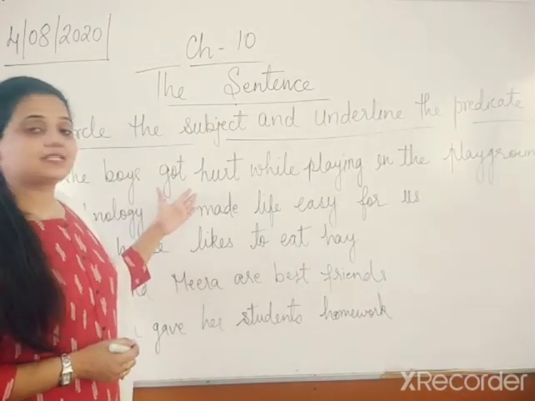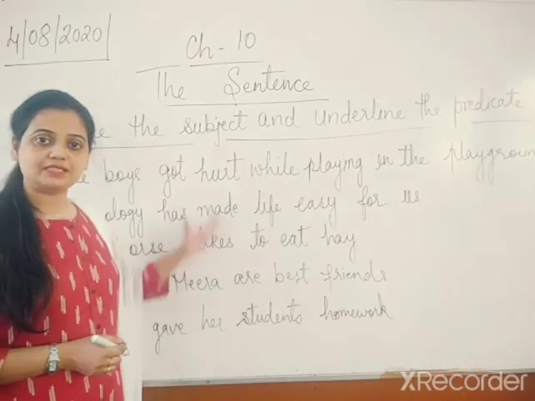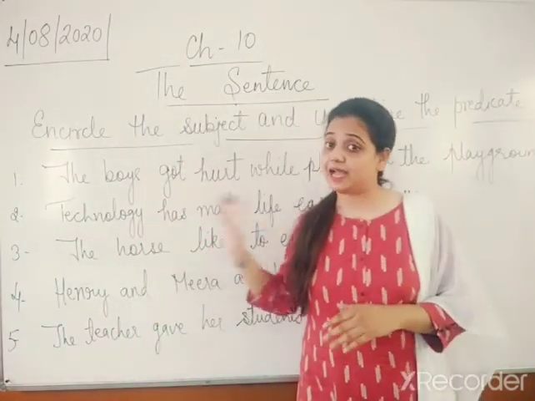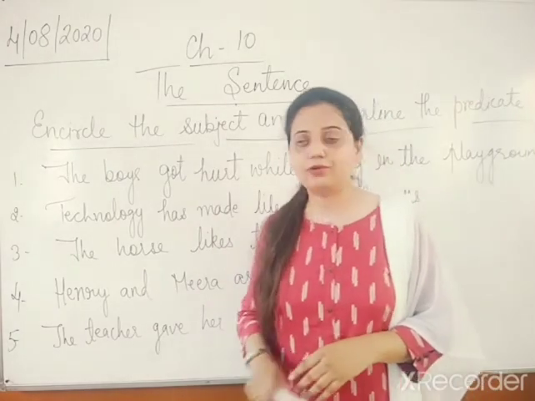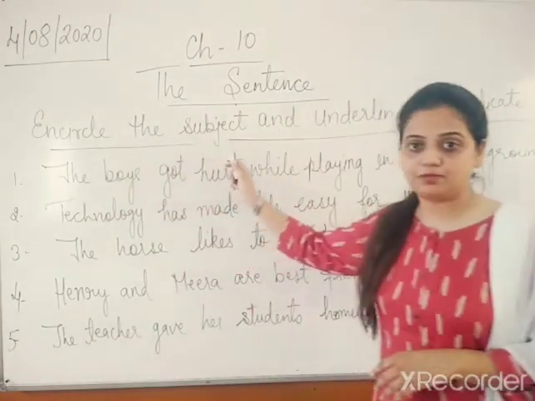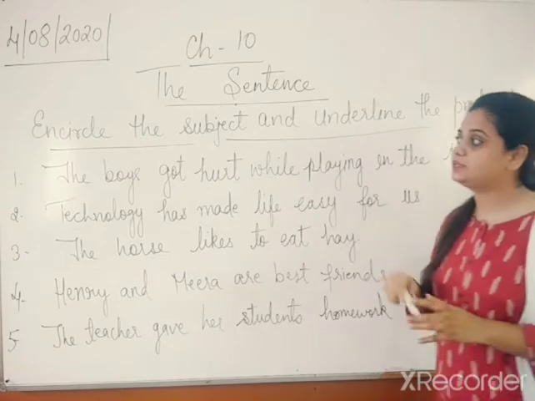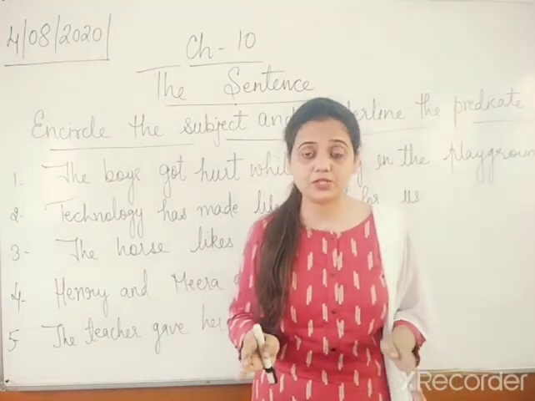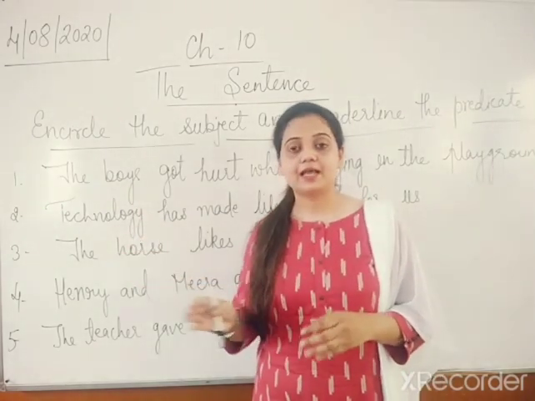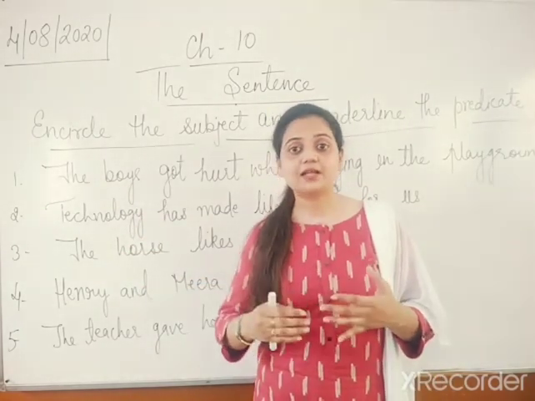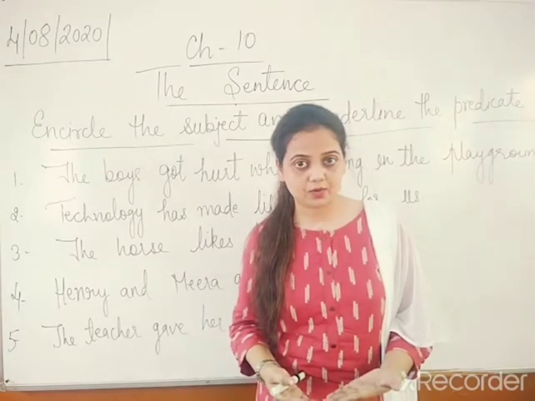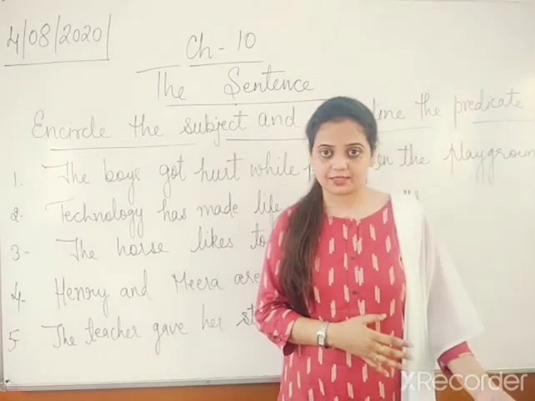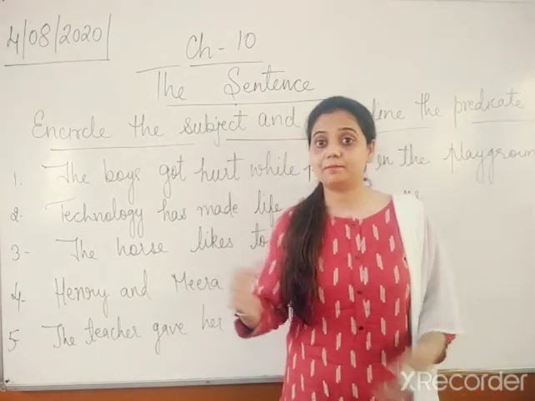Okay, so now let's make it more clear with the help of some examples. I have written some sentences over here, and as you know each sentence has a subject as well as a predicate. What you have to do is encircle the subject and underline the predicate. Now I hope you all remember that the subject is a person or thing that is doing the action in the sentence, and the predicate is what is said about the subject, meaning the verb part done by the subject.